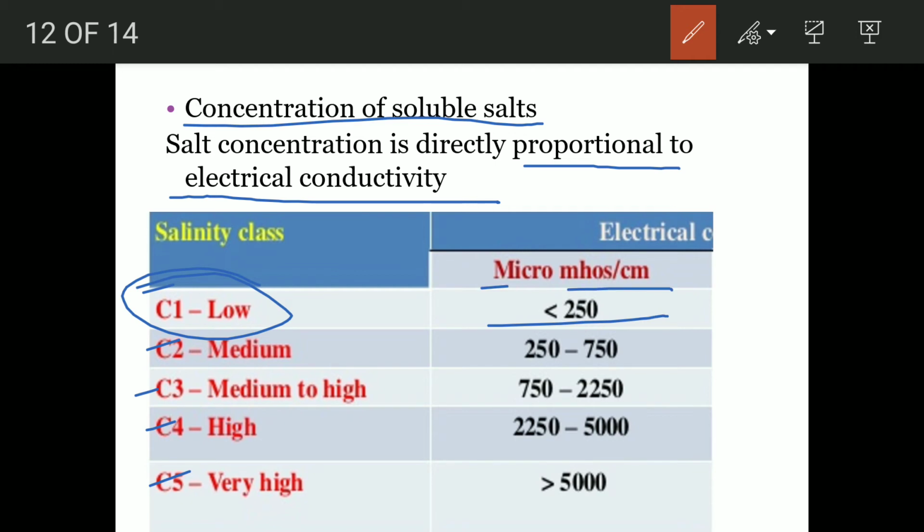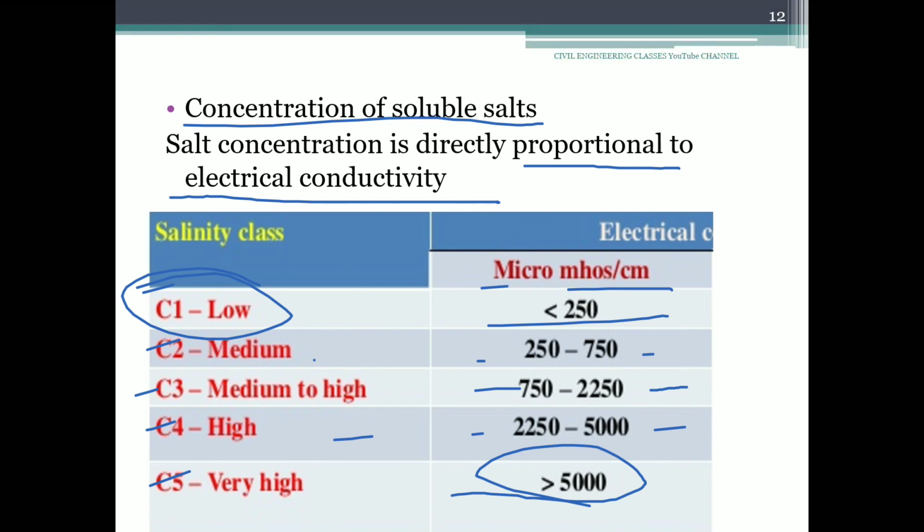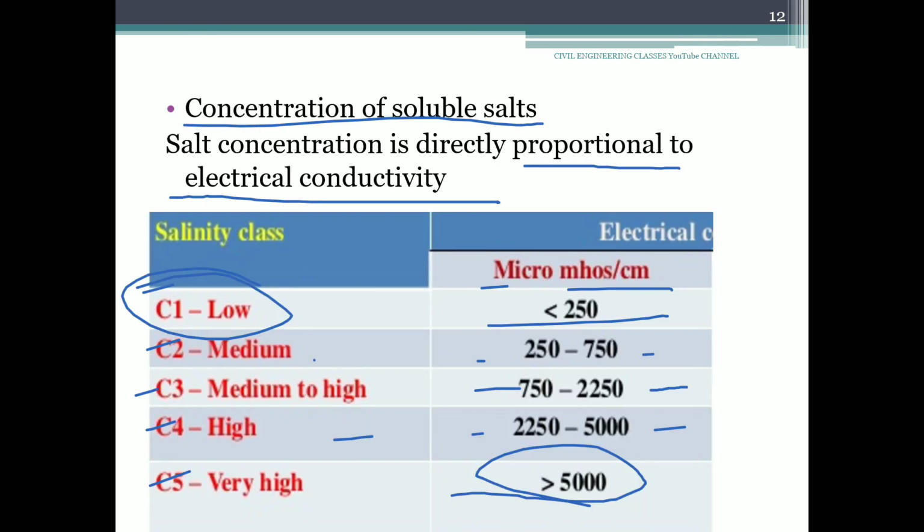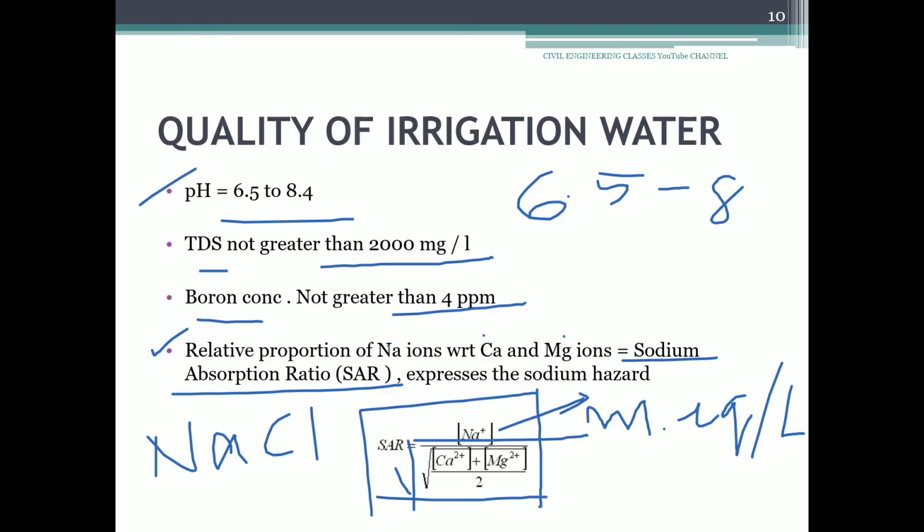Then C2 means medium, 250 to 750. C3 means medium to high, 750 to 2250. C4 means 2250 to 5000. C5 means greater than 5000. So this is another representation of the concentration of soluble salt. So these are the important points related to the quality of the water.